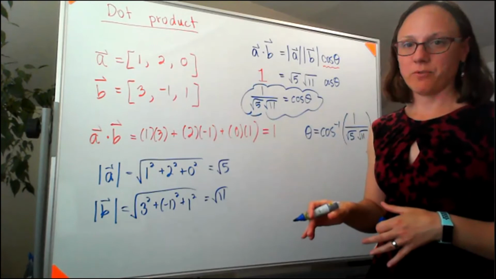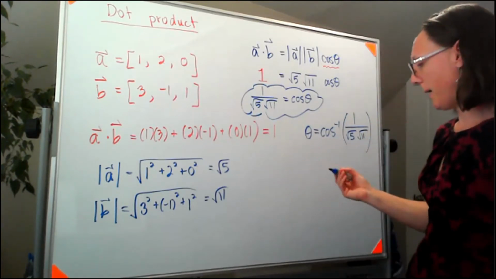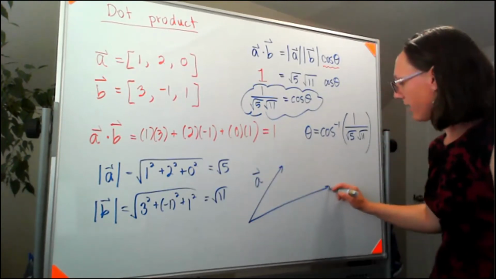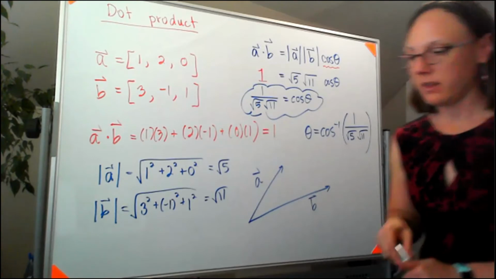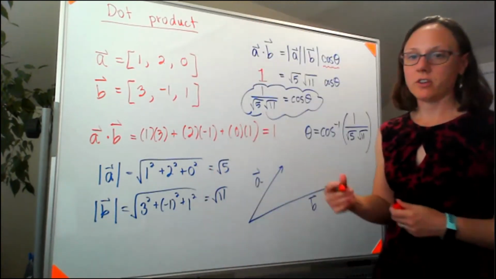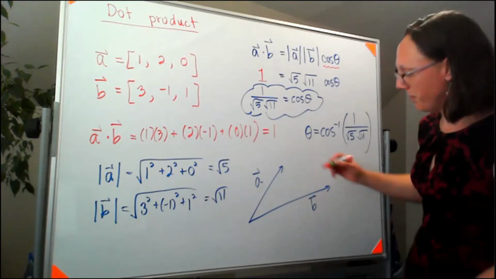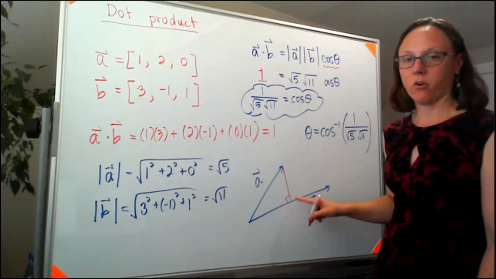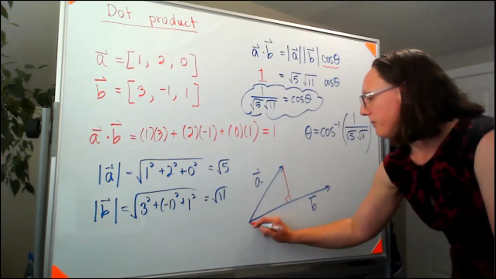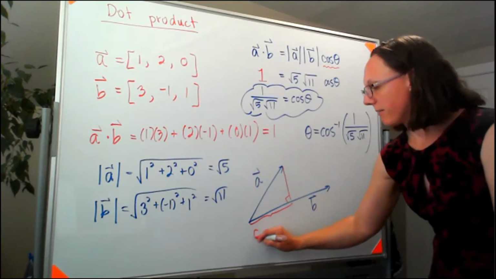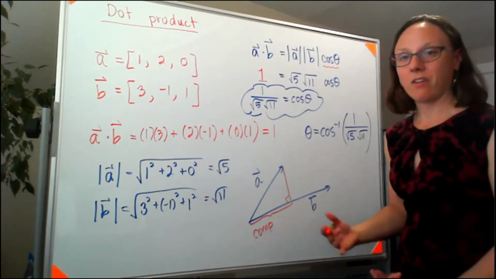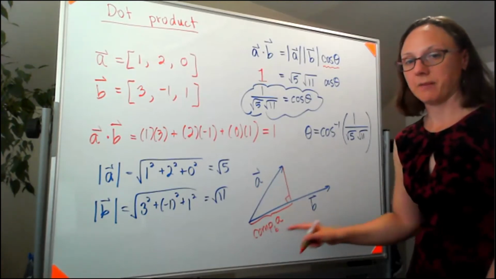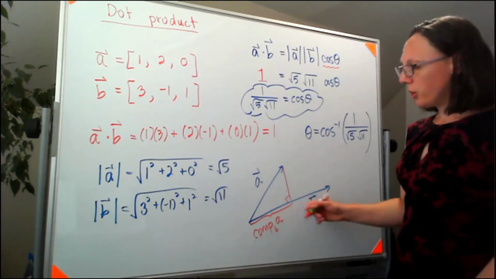I don't really know what these two vectors look like. I'm just going to fake it. So if that's my vector A and that's my vector B, then we call this the projection of A onto B. We think about drawing this right triangle between A and B, and whatever this distance is here, that's the scalar component of the projection of A onto B. Now, using geometry, we know that we can get that.